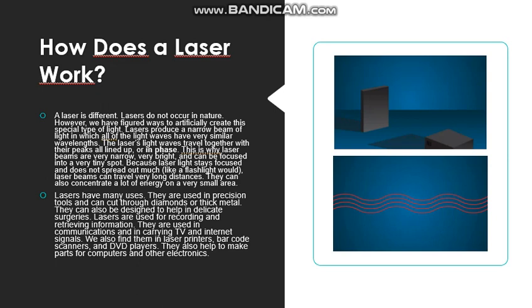The laser's light waves travel together with their peaks all lined up in phase. This is why laser beams are very narrow, very bright, and can be focused into a very tiny spot. Because laser light stays focused and doesn't spread out much, laser beams can travel a very long distance. They can also concentrate a lot of energy on a very small area.